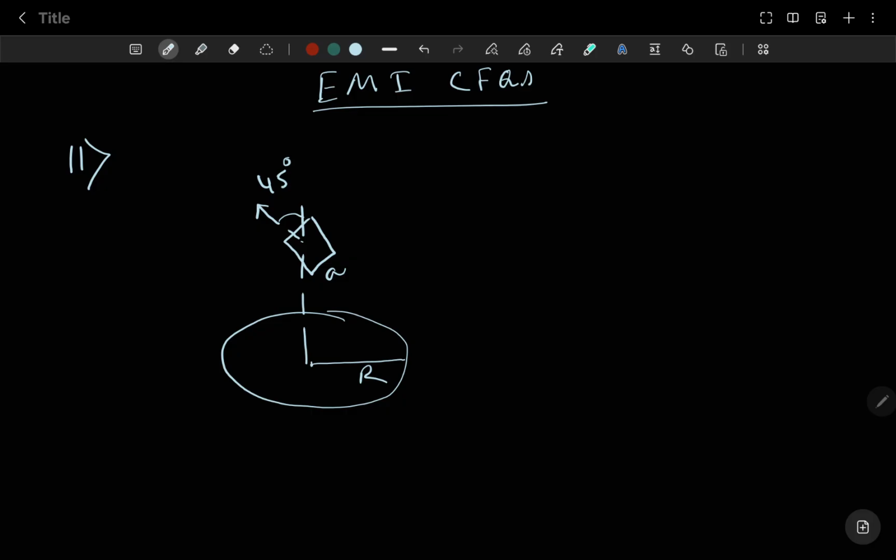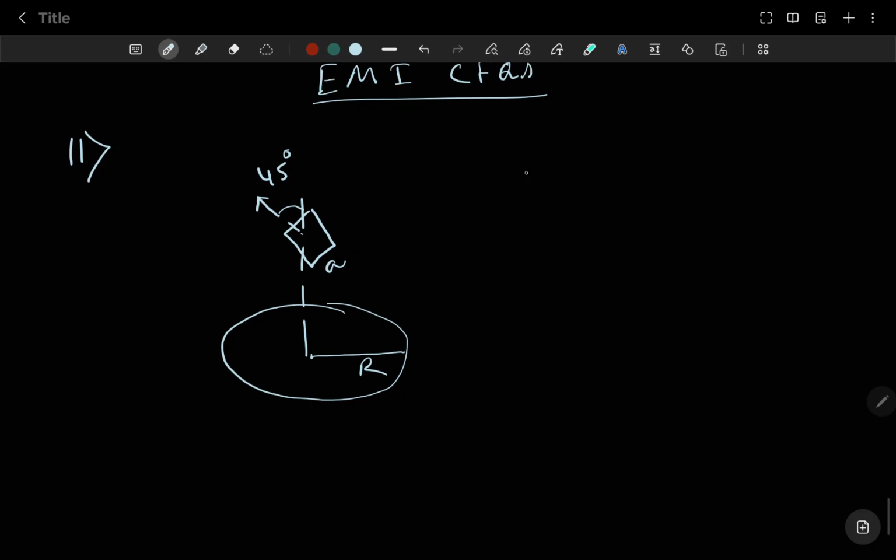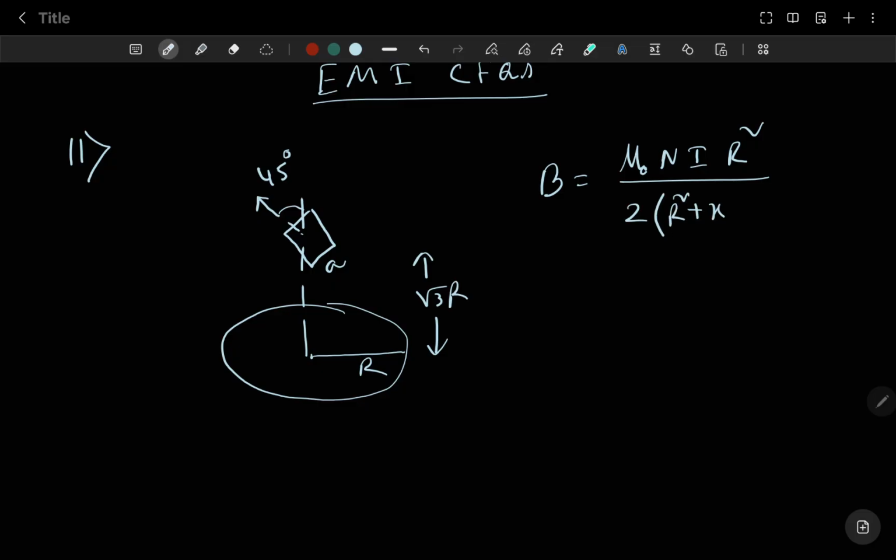Okay, now first let us calculate, this distance is root 3r. First let us calculate the magnetic field at an axial point. So it is mu naught n I r square by 2 into r square plus x square to the power 3 by 2.